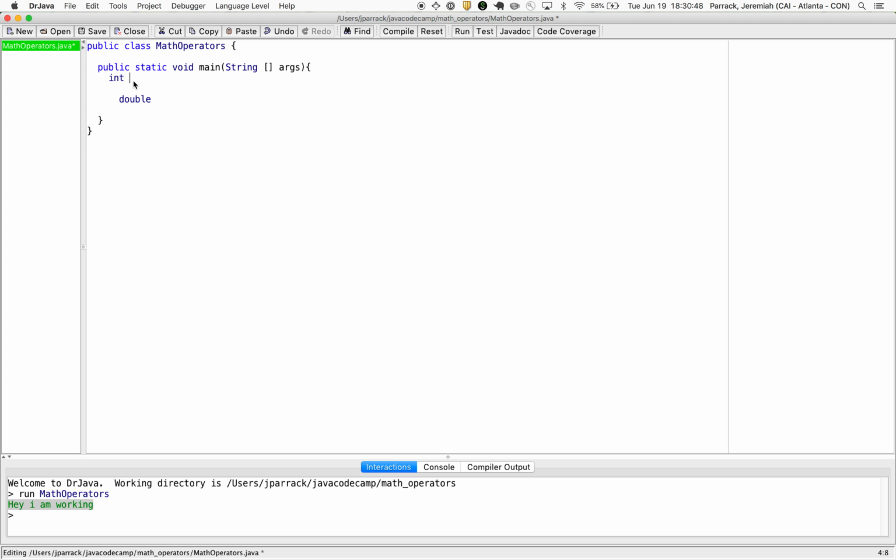All right. So we're going to make a couple of variables, which are just pretty much containers for values, and we'll say A, B, and C. You can also declare this like this. This is the same exact thing. But as you can see, it's a little bit more messy.